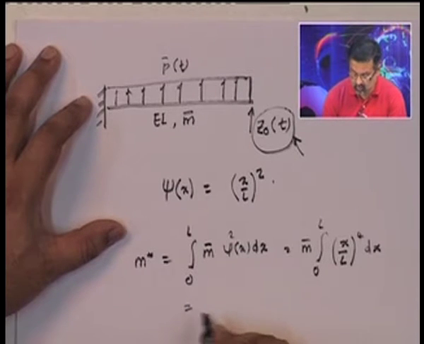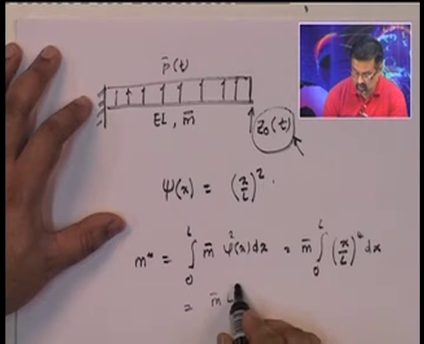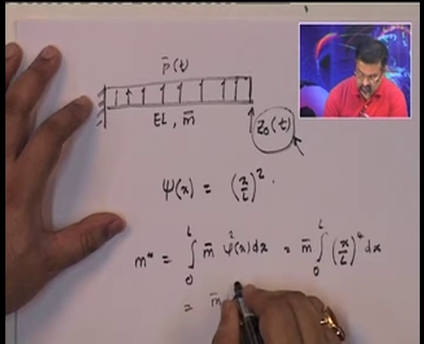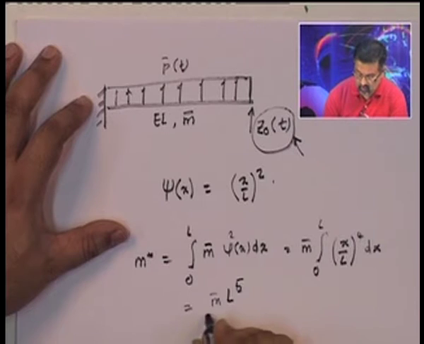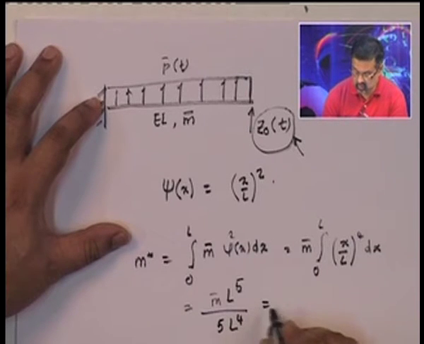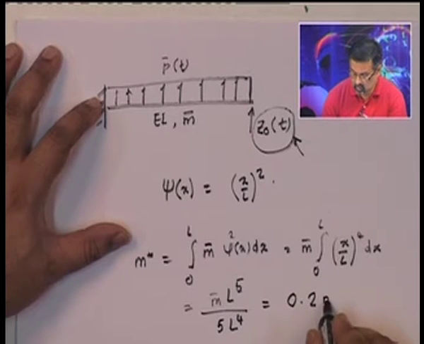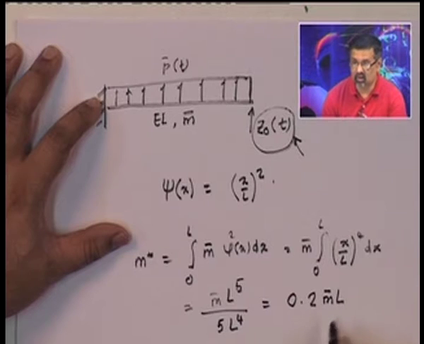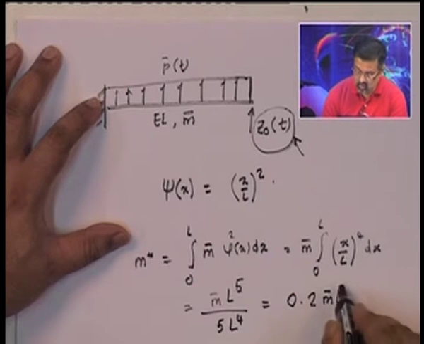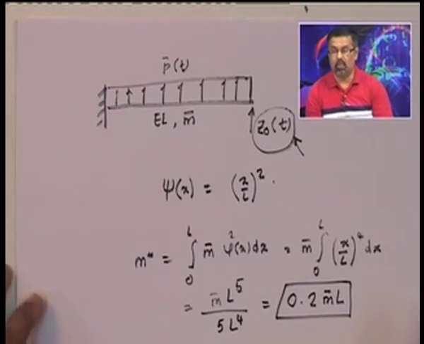Okay. So, this becomes m bar L fifth upon 5 L fourth. So, this is equal to 0.2 m bar L. Okay.